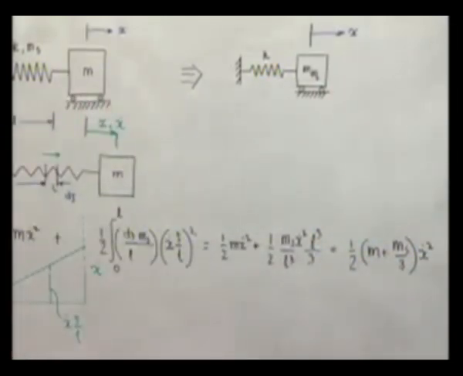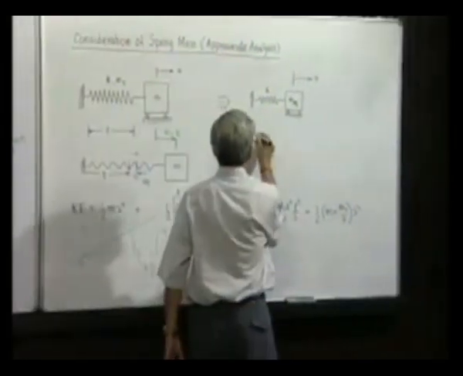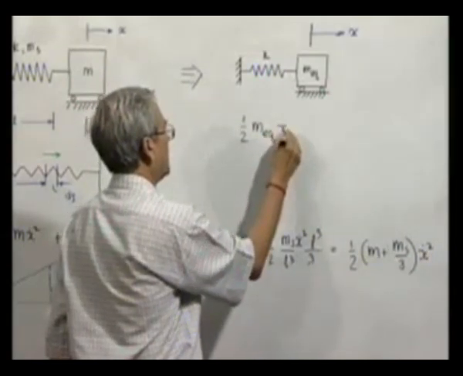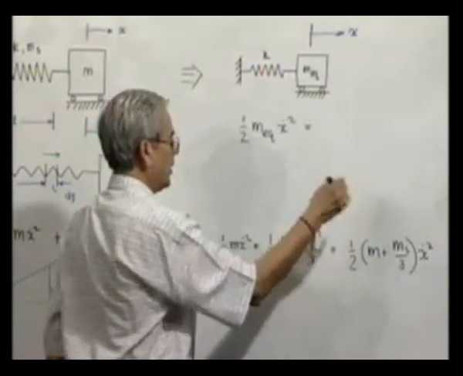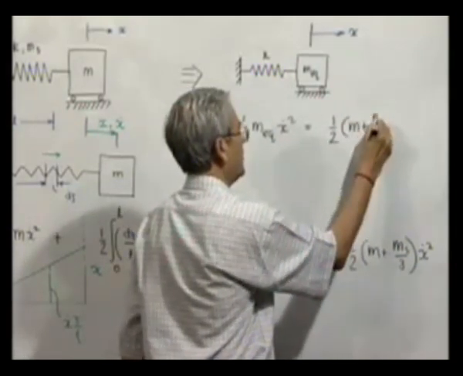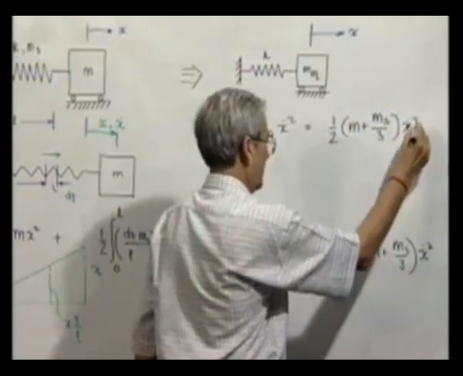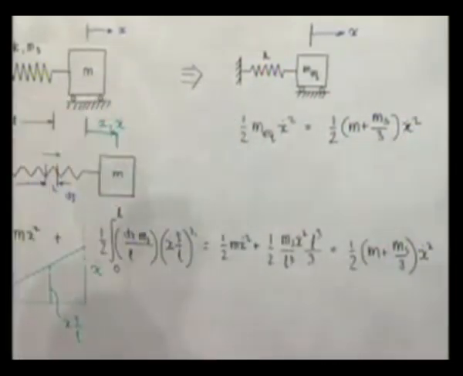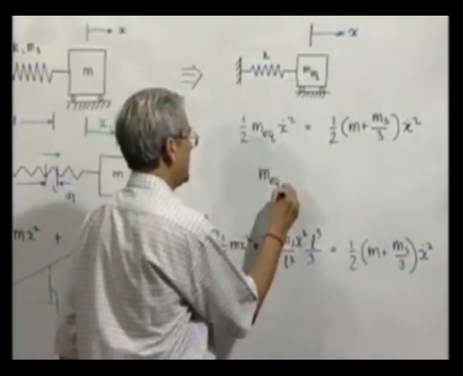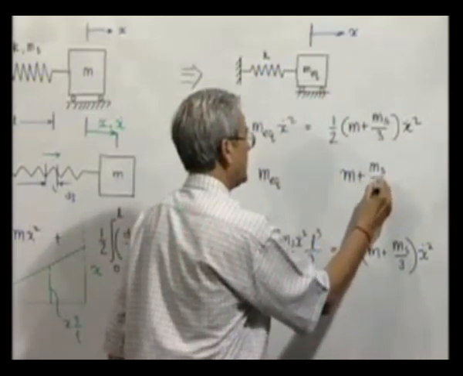So, this is the total kinetic energy of the original system, and the kinetic energy of the equivalent system is half M equivalent x dot square, and that must be equal to the kinetic energy of the original system. Thus we get M equivalent is equal to M plus Ms by 3.